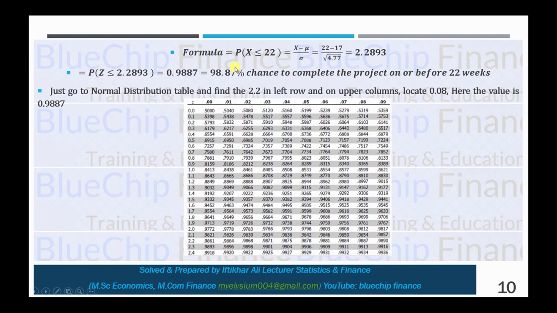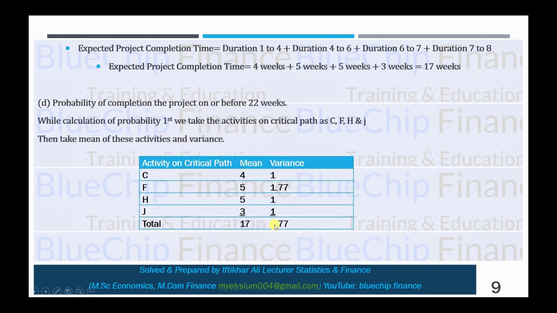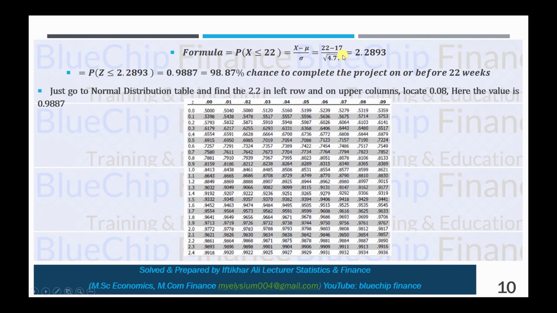So now just apply the formula: the probability that the project will be completed on or before 22 weeks equals Z equals x minus mu divided by the standard deviation. Standard deviation is simply the square root of variance. So x is your desired time, that is 22, minus your mean, 17, and the variance is 4.77, which gives 2.28.